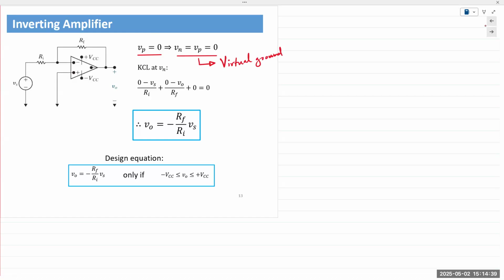So now let's look at the current directions. We have IS going in, and then here it splits in two. One goes through RF, the other one goes through IN.